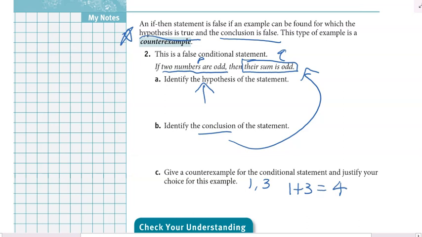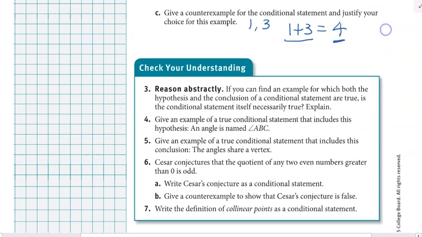Okay, well, there's an example that proves this statement is false because the numbers I came up with meet the hypothesis, but then the conclusion is not met, which says their sum is supposed to be odd. 4 is obviously not odd. So this would be a counterexample. 1 and 3 is a counterexample for this statement.